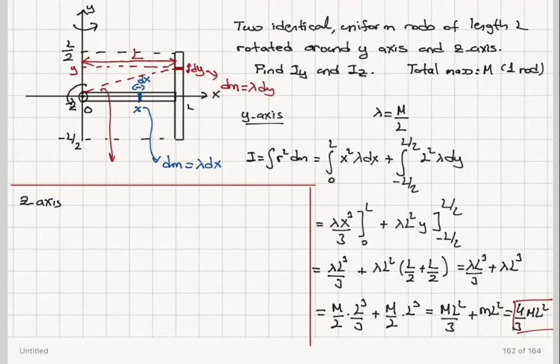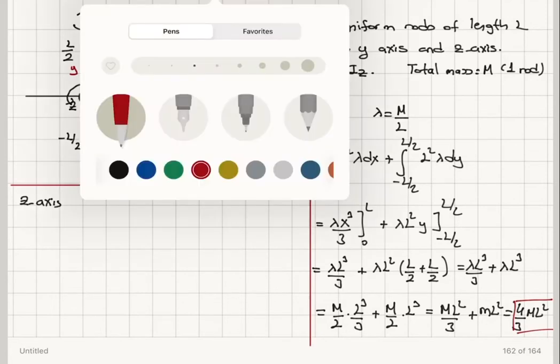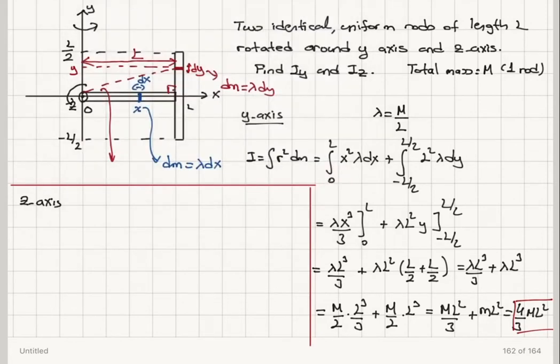Well, that distance here is going to be equal to, because this is a right triangle, the square root of L squared plus y squared, because that is located at y. Now if I calculate the moment of inertia again, integral r squared dm.